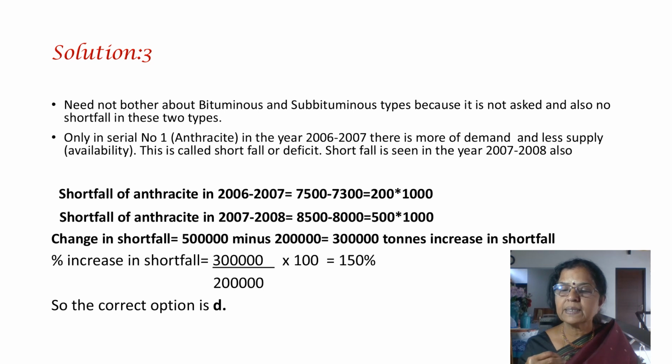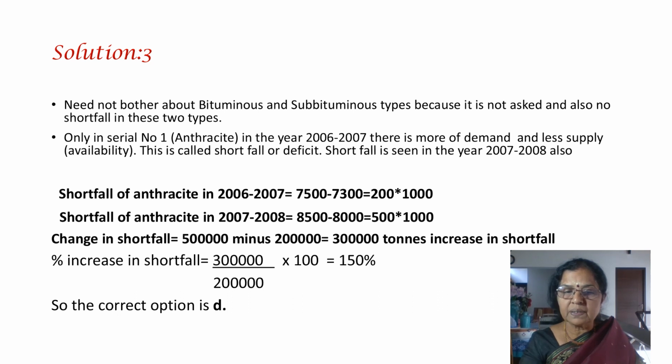Now the question is, what is the increase or the decrease in the deficit? Shortfall is deficit, isn't it? So what is the change in the deficit? Give it in the form of percentage. So now we are going to find out the deficit in the previous year, 2006-7, and then find out the deficit in the year 2007-8. And which is greater here?